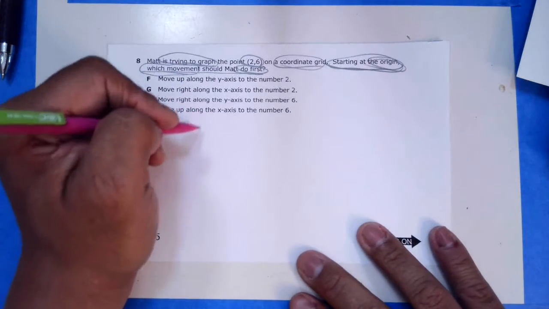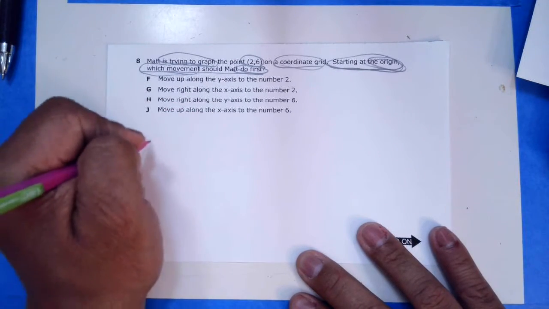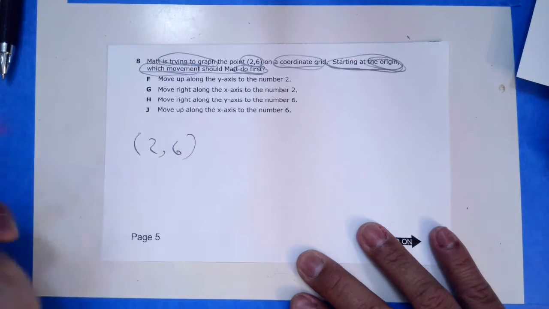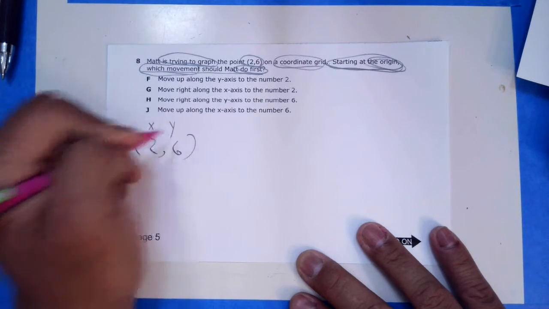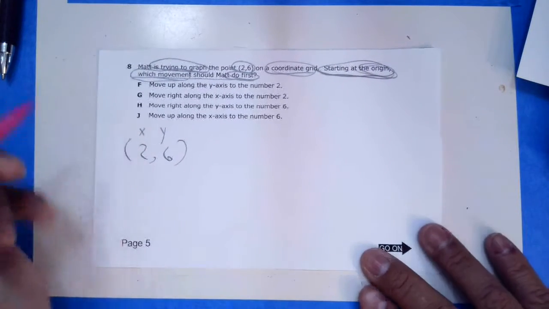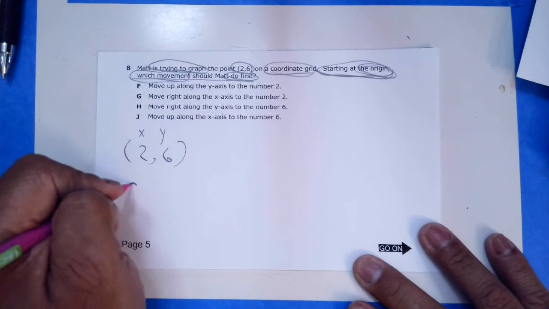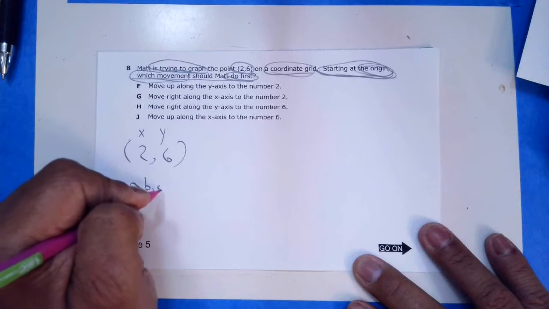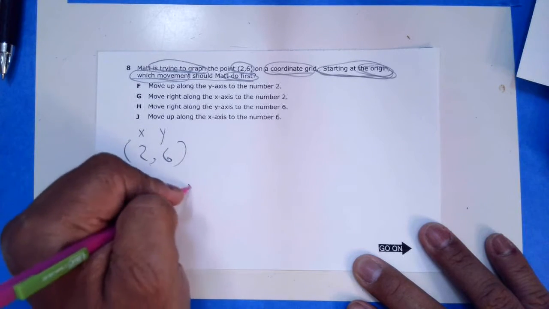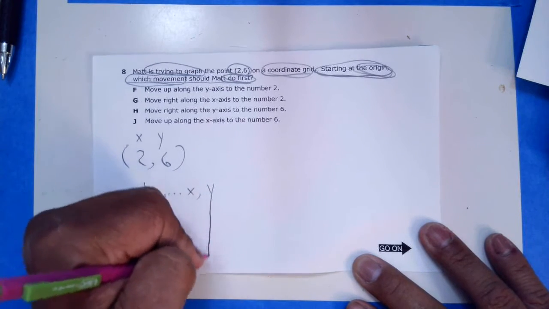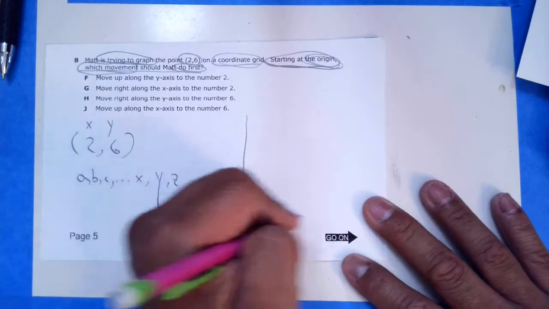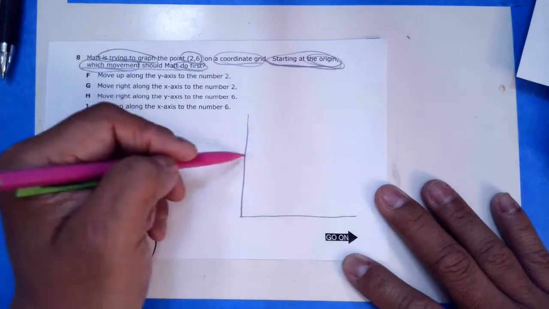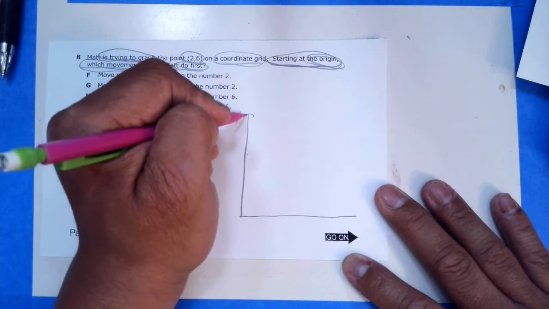So on this, remember, (2, 6), ABC, dot, dot, dot, X, Y, Z. Now, once again, ABC, dot, dot, dot, X, Y, Z. Look at the Y. So on this, here's my Y-axis.